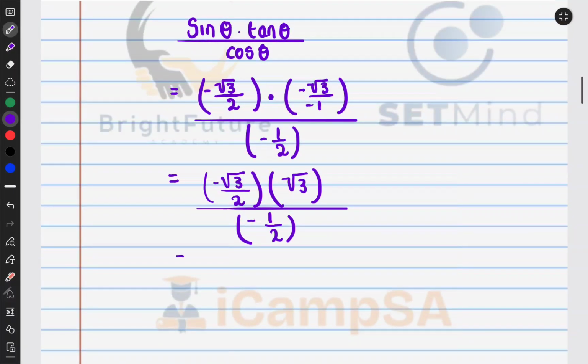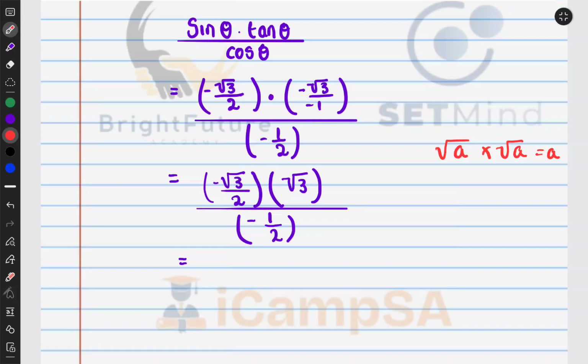Okay, let's start by working the numerator. Negative root 3 over 2 multiplied by positive root 3 is going to be negative 3 over 2, because remember this rule: square root of a multiplied by square root of a is equal to a, it's just that one square root is negative in this case.